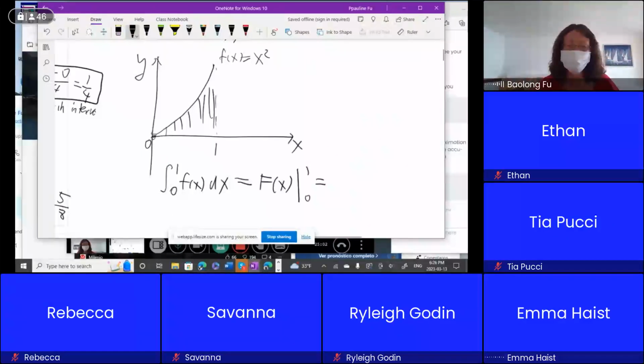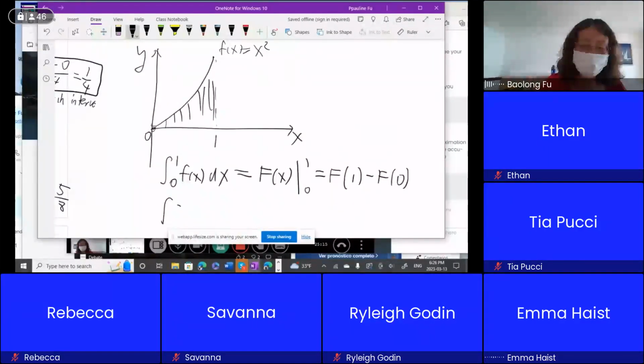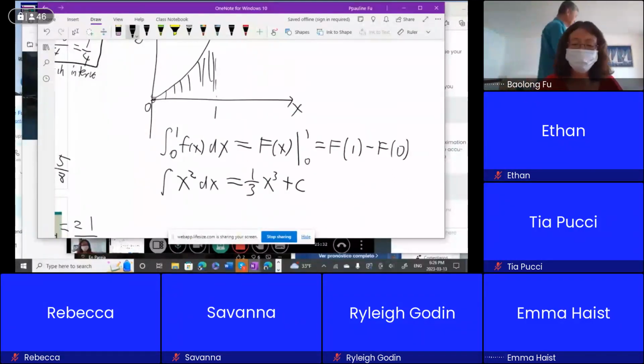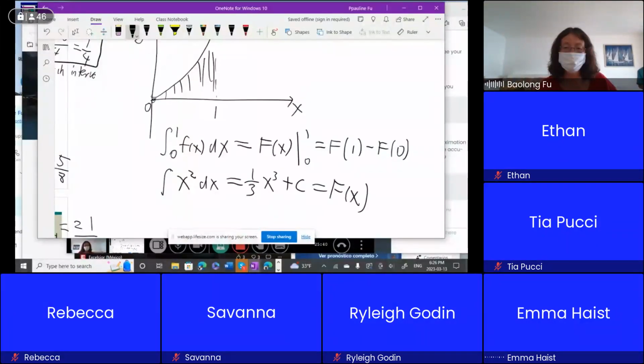But the question is, what is capital F(x)? Remember, we calculated this integral from last class. The result is actually 1/3 x cubed plus constant c. So we found capital F(x).